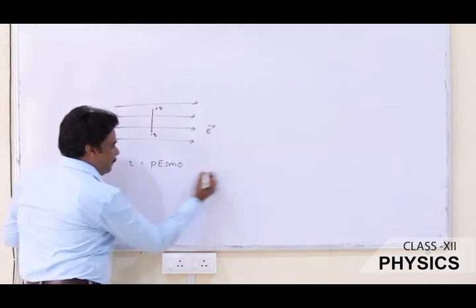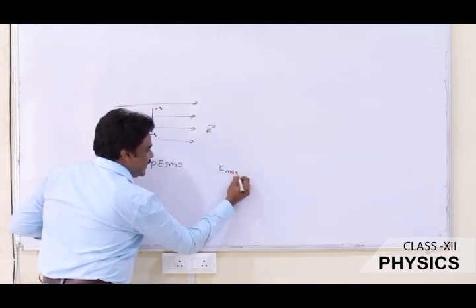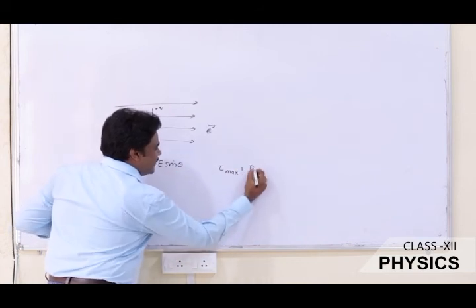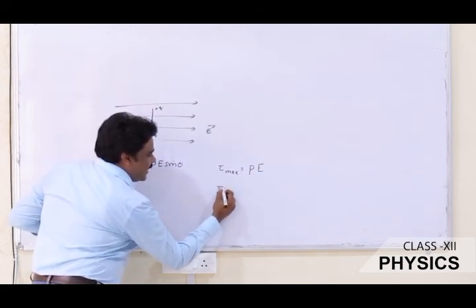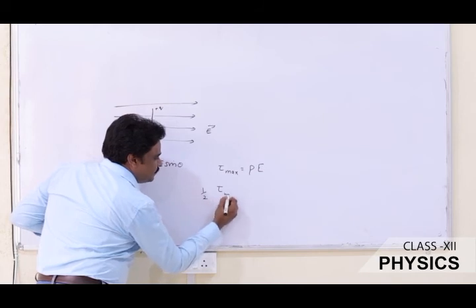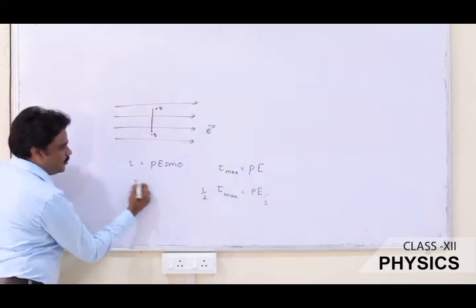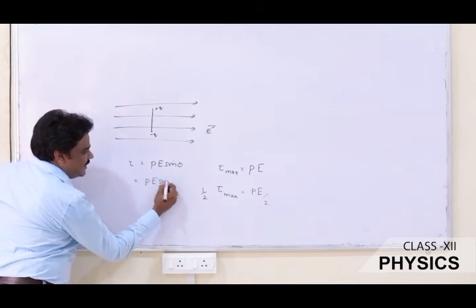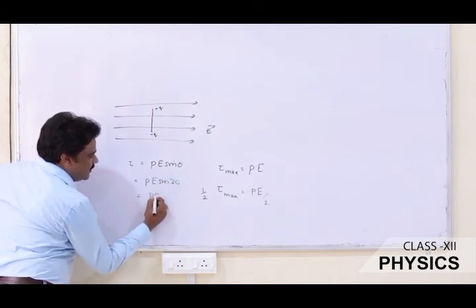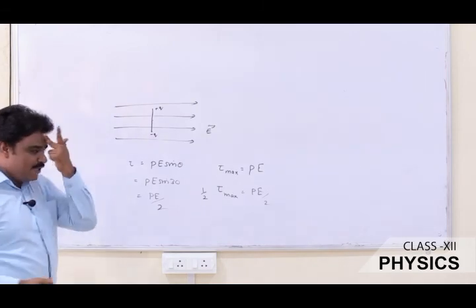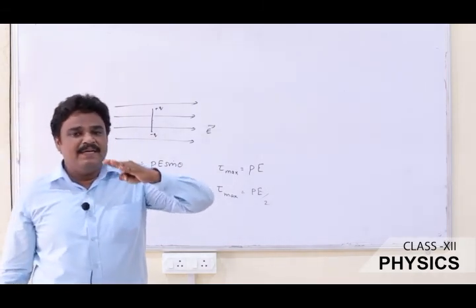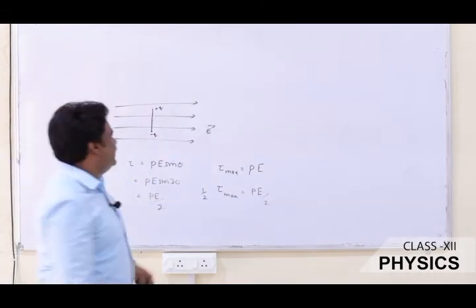Maximum is tau max, and by putting sin 90 it comes to be PE. They are asking half the maximum, which means I am going to get PE by 2. So when do I get PE by 2? If I put 30 degrees, then only I am going to get half the maximum torque. This means the dipole is kept at 30 degrees with the electric field.